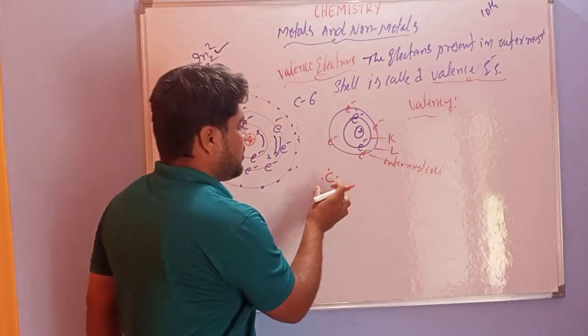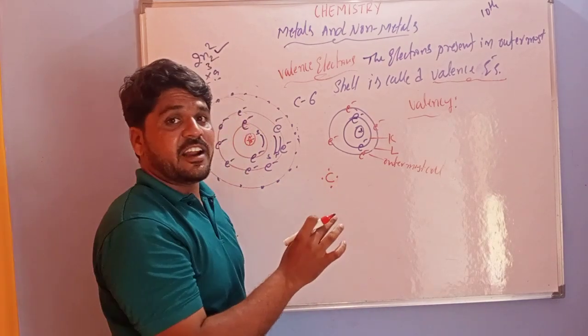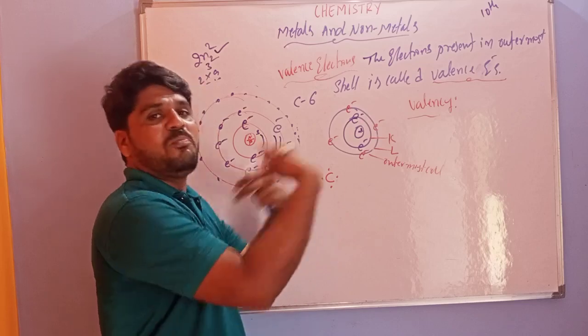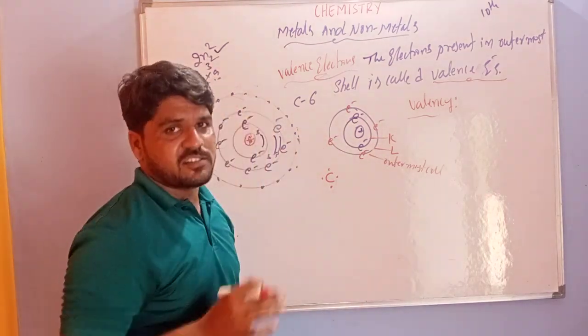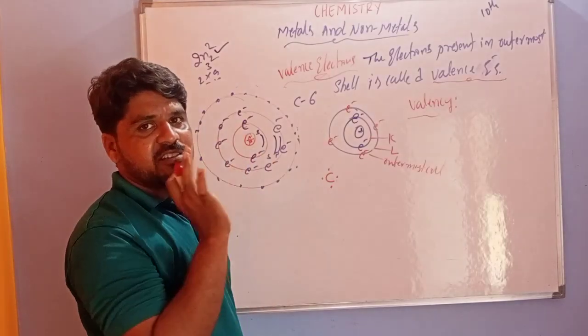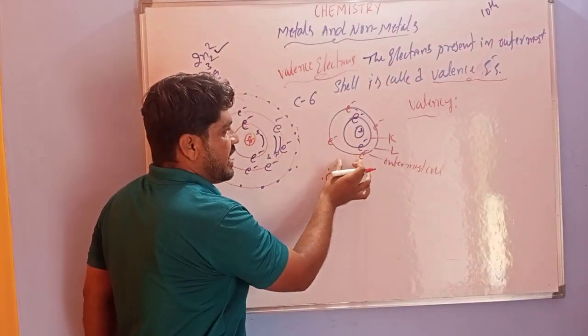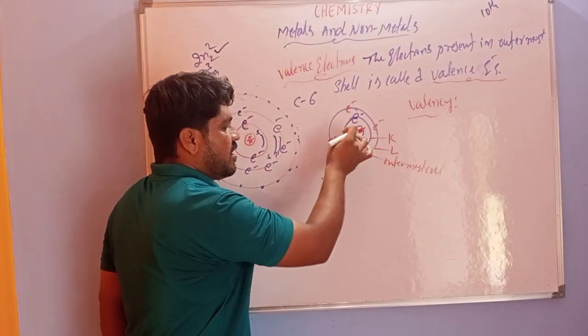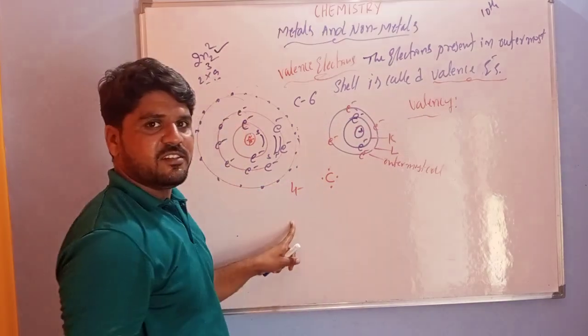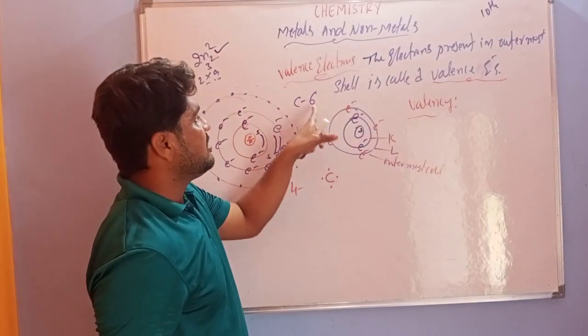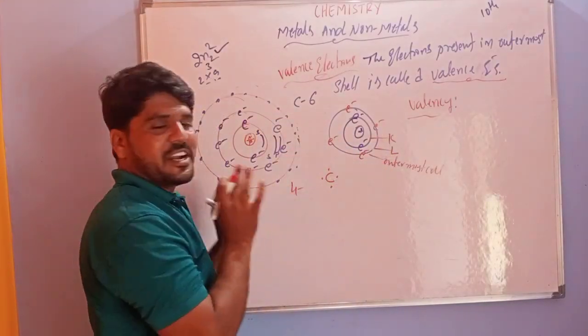These 4 electrons are responsible for making 4 bonds. This making of bonds we call chemical reactions. So the carbon valency is 4, and the valence electrons in this carbon are also 4. So don't get confused.